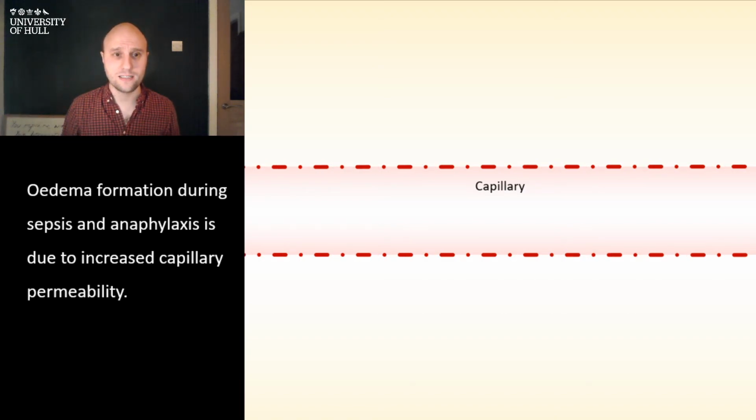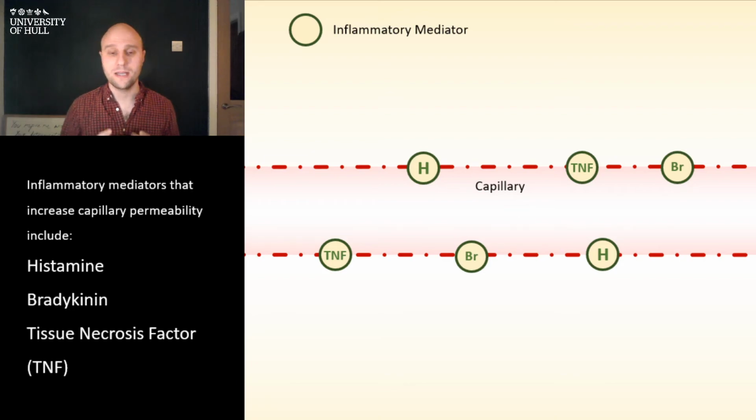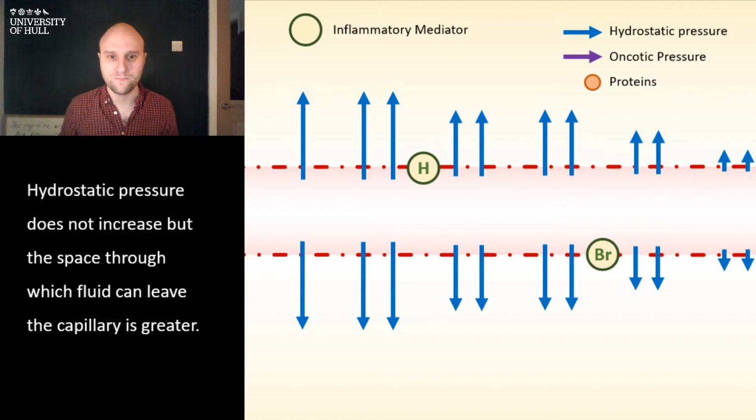In sepsis and anaphylaxis, there's increased capillary permeability, and this is due to the action of inflammatory mediators, by which I mean things like histamine, which is particularly released during an anaphylactic type of reaction from the mast cells, but also inflammatory mediators such as bradykinins and tissue necrosis factors can act upon the cells within the capillary wall themselves and cause them to move apart, and so make the capillary more permeable. So there are bigger spaces through which the fluid can flow out.